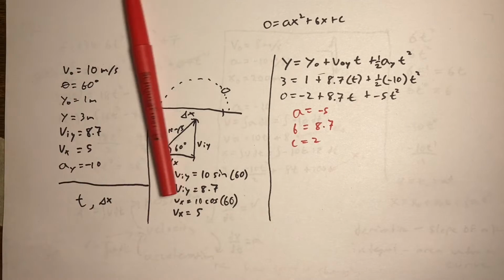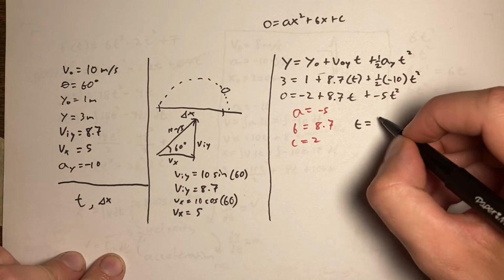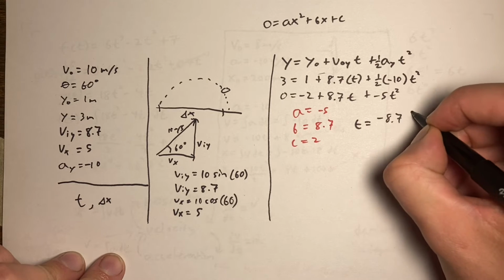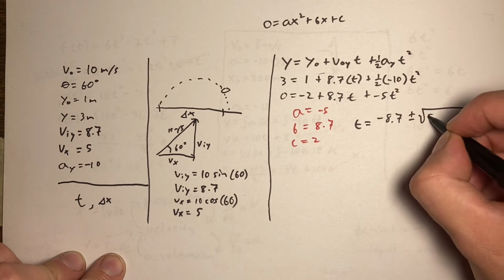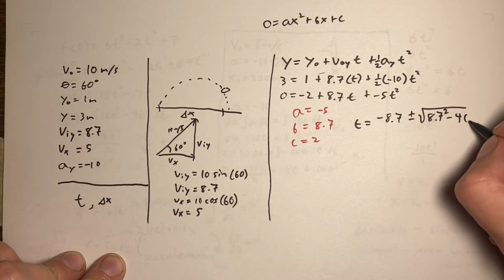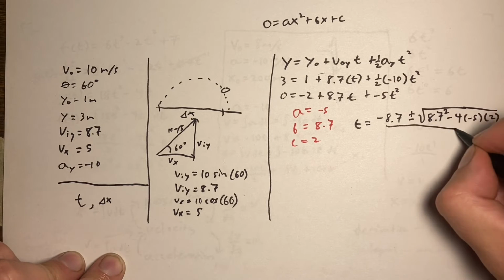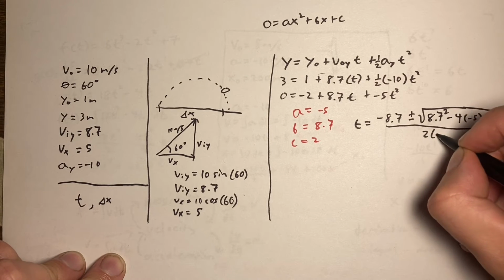Then my quadratic formula says the solution is negative b, so negative 8.7, plus or minus the square root of b squared, so 8.7 squared, minus 4 times a, which is negative 5, times c, which is 2, all over 2 times a, all over 2 times negative 5.